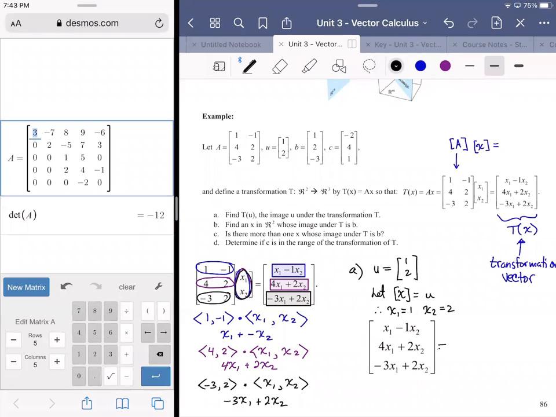So I'd be looking at 1 minus 1 times 2, 4 times 1 plus 2 times 2, -3 times 1 plus 2 times 2. So 1 minus 2 is -1, 4 plus 4 is 8, and -3 plus 4 is 1.